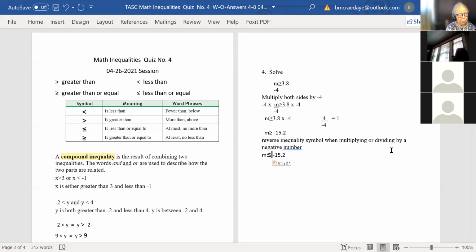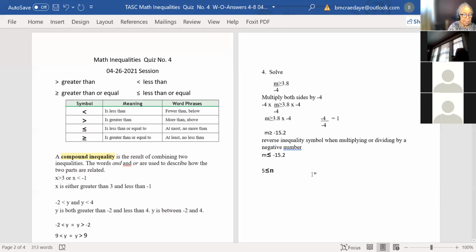But well, actually, let me give you an example. You don't change the sign when you're multiplying or dividing by a negative number. But if you had, say, let's just take an example. 5 less than or equal to n.